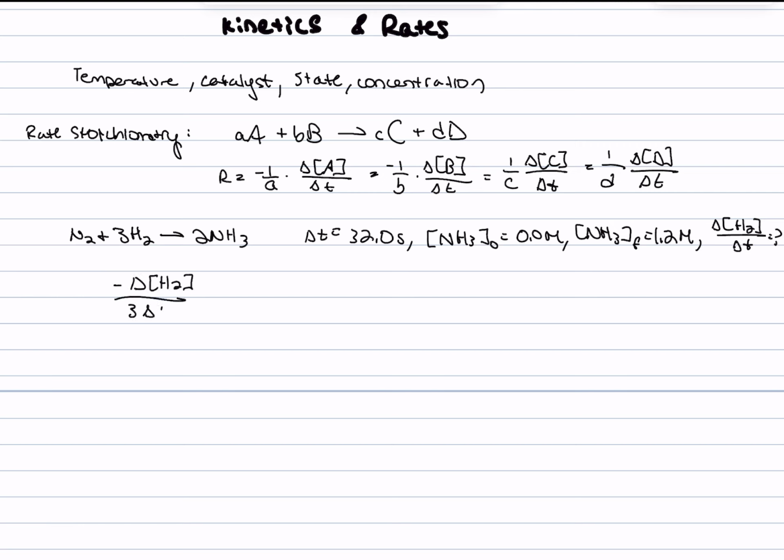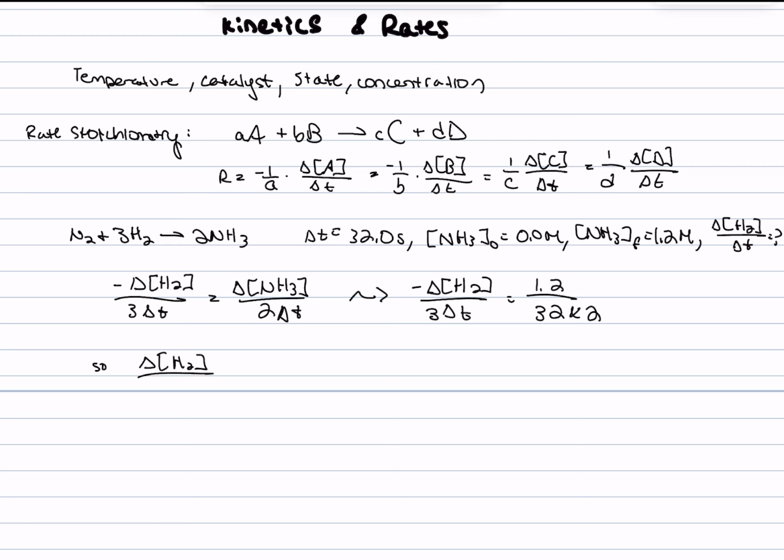And we can start off by setting up the equation. So since the rates have to equal, using H2 and NH3. And then we can plug in our known values and solve for our unknown, which turns out to be negative 0.0563 molars per second.